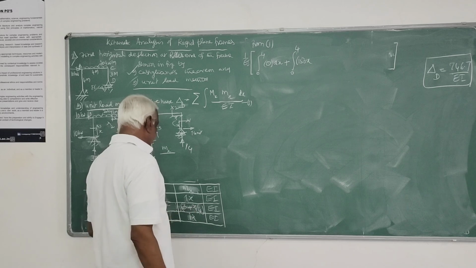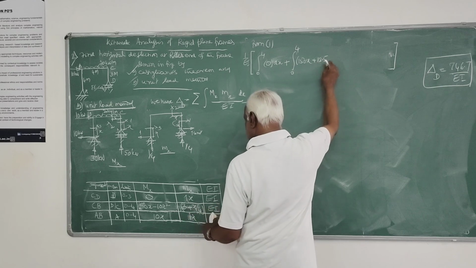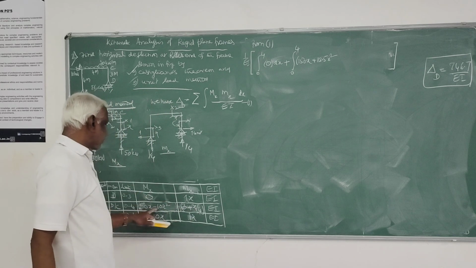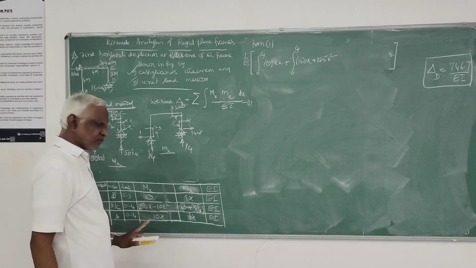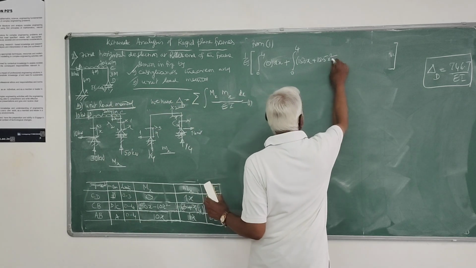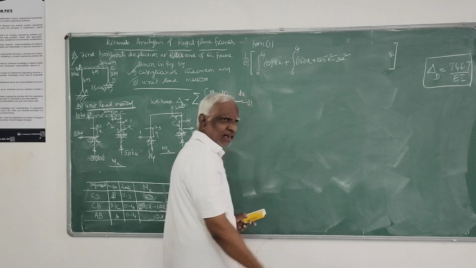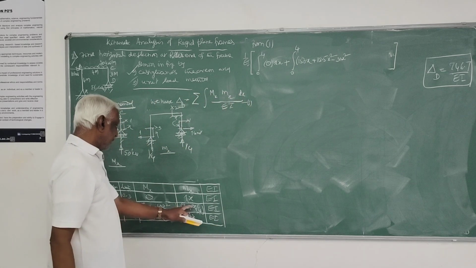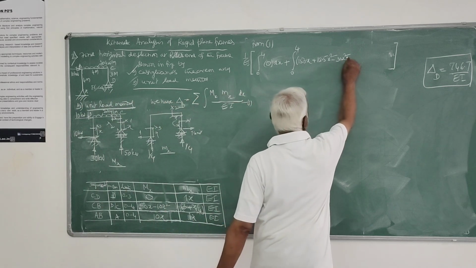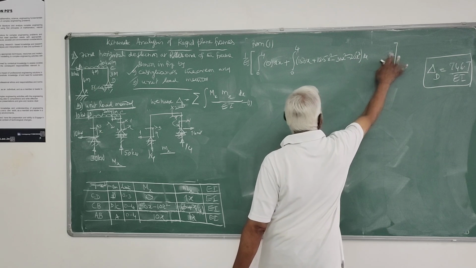Then 50x into x by 4, that is 12.5 x square. 50 by 4 is 12.5. Then x into x is x square. Then minus 10x squared into minus 30, minus 30 x square. Minus 30 x is right side, otherwise they would have added. Anyway, it was right side. Minus 30 x square. Then this is minus 10 x squared into x by 4, that is minus 2.5 x cube. That's all, into dx.